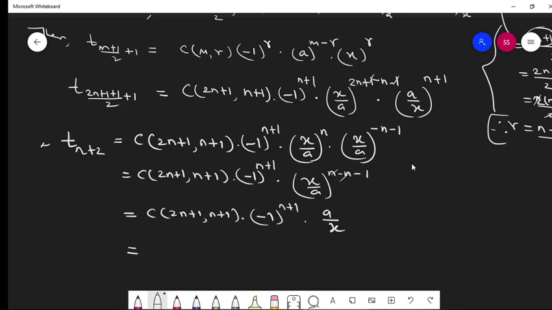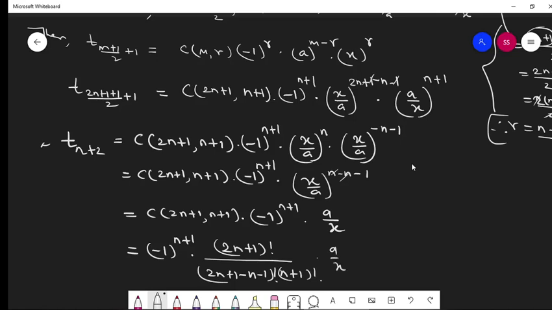We can write the minus 1 at the beginning or anywhere, and you can write it in factorial form, or you can leave it also: (2n plus 1) factorial by (2n plus 1 minus n minus 1) factorial into (n plus 1) factorial, times a by x.